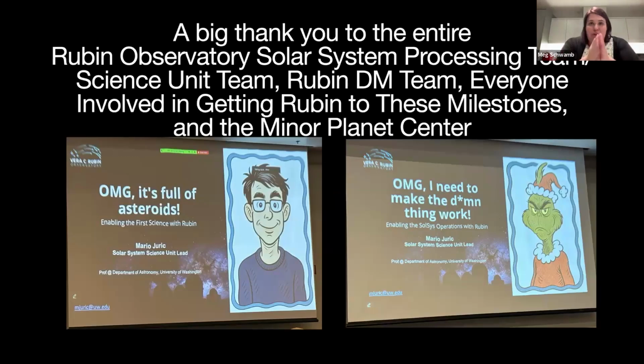Let us all applaud you and say thank you, because all of you have made these discoveries possible that we're starting to get science from, and we're going to get so much more. Often we see the end product, but we haven't seen the blood, sweat, tears, and lack of sleep to get us there. So let's give them a round of applause and a thank you, and I'll end my time there.